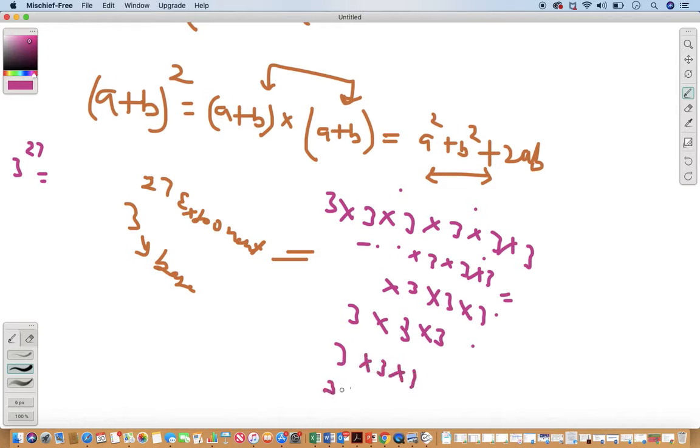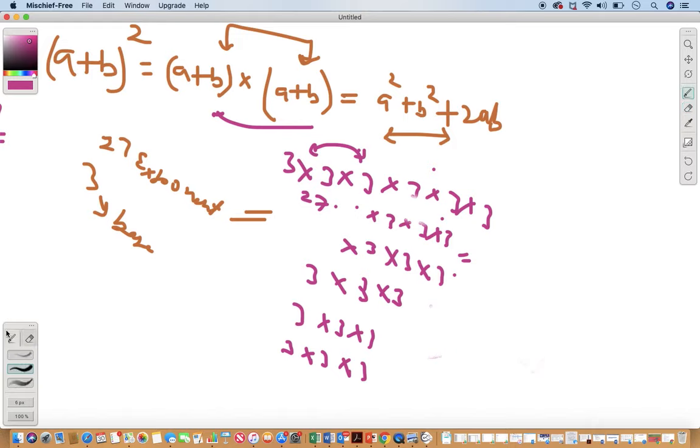I'm just making it simpler so that your life is simpler. The point is, when you break this down in terms of 3, 3 cross 3 is 9, 9 cross 3 is 27. So there's your one set of 3 times, which is 27. So you can say how many 27s you have, and you can multiply. It's all going to come out the same, but you have to find the product of all of these.